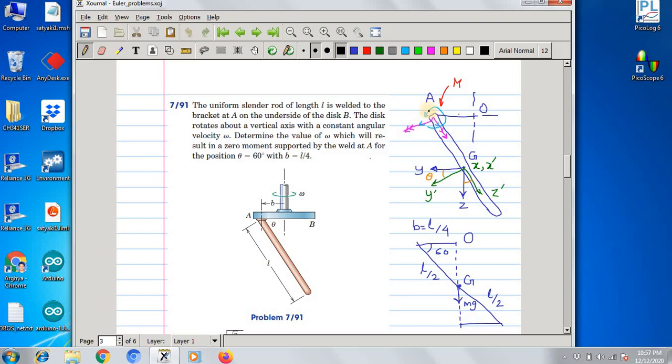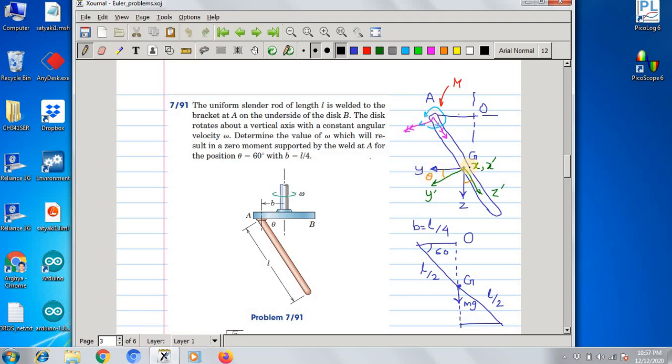Here we are showing the moment in blue. This is the moment, but the moment should be zero, and these are the forces. So all reaction forces will come in this direction, and the direction coming out of the paper or going inside the paper. This is perpendicular to the plane of the paper.